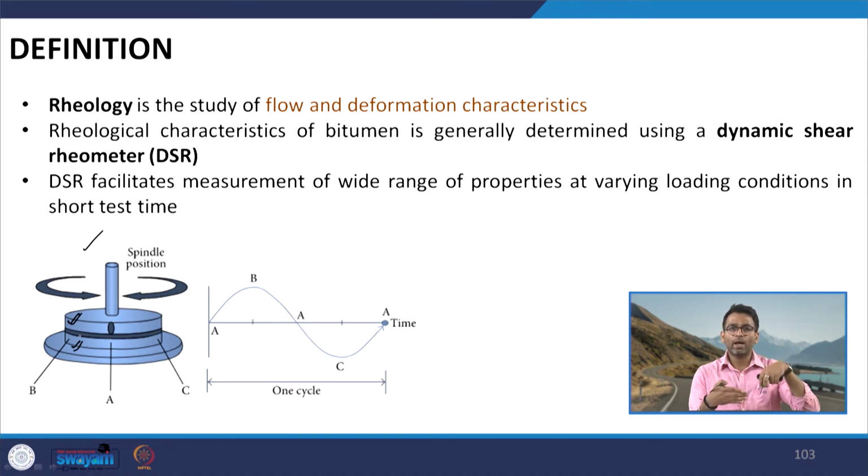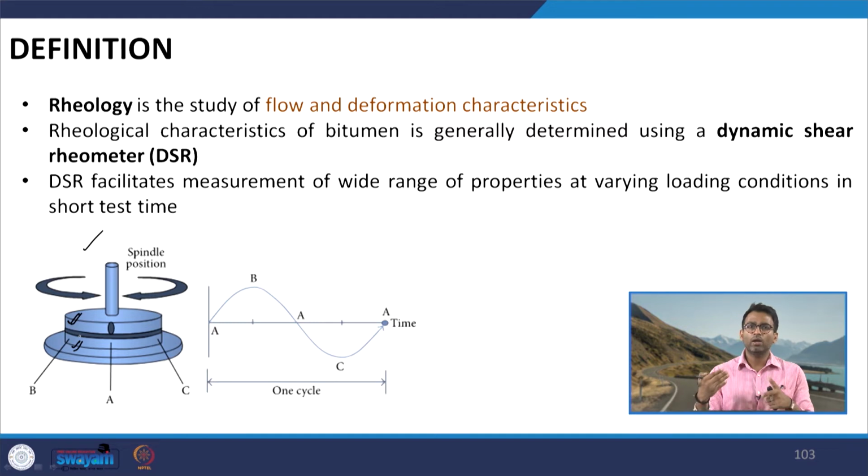Now, we can apply different forms of loading. As I said, we can have an oscillation where we are giving a sinusoidal load, or we can have a rotation. For example, if you are interested to see the steady shear state behavior or steady shear properties of the material, we can also do a rotational test, but usually we apply a sinusoidal load while studying the properties of the bitumen, so that we can have a better representation of what is actually happening in the field.